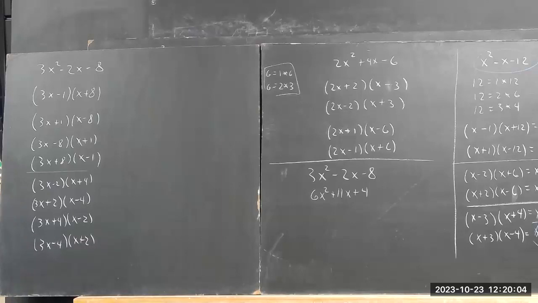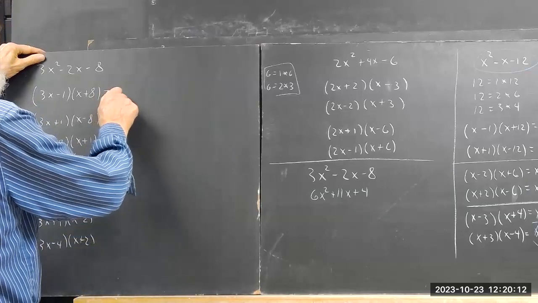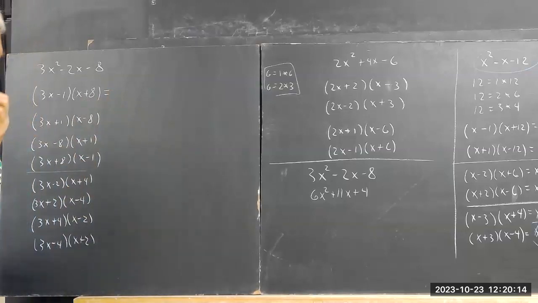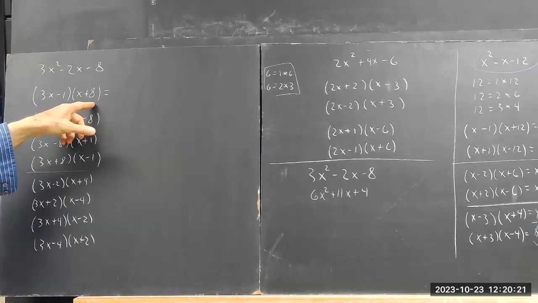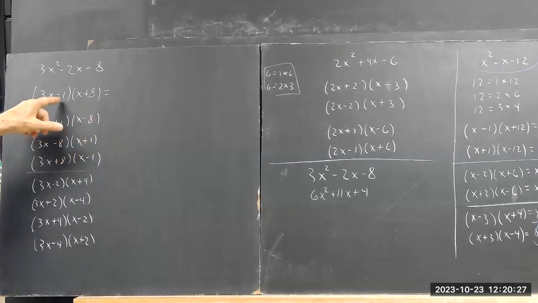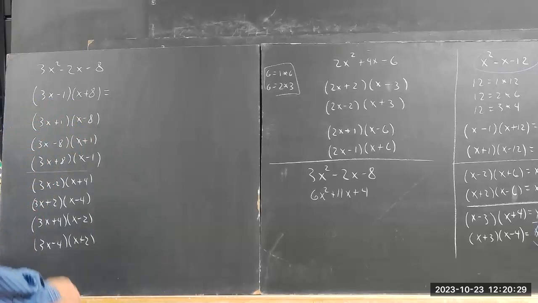We can eliminate some of these possibilities if we just think of what we get if we just do our two terms, our 3x times 8, which is going to be 24x, right? And then we got a minus 1x.